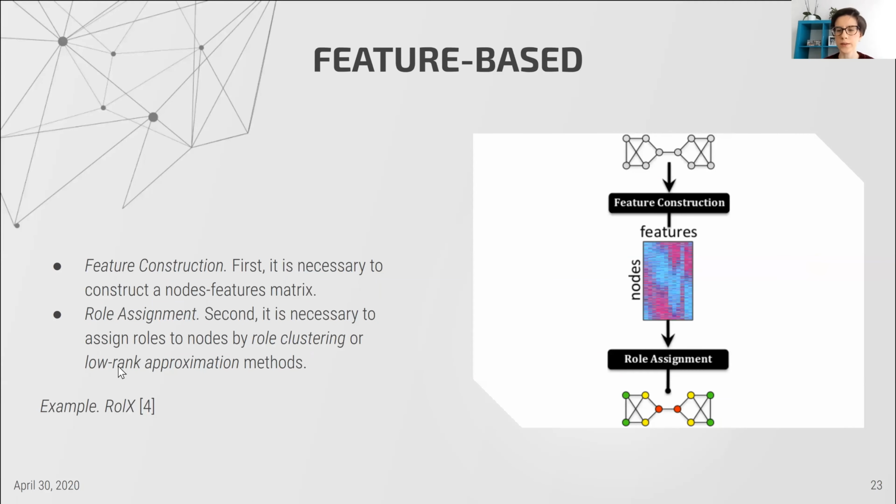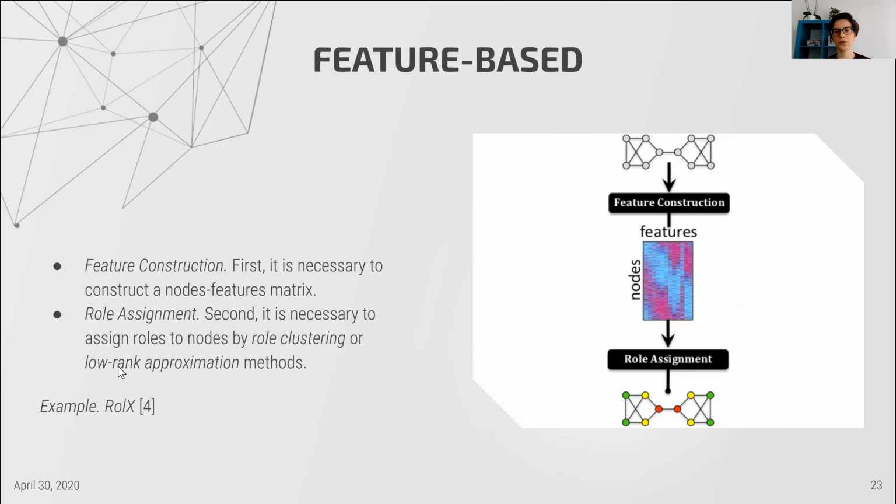The way they work is that they operate indirectly on the graph by transforming the graph into a matrix which represents it in terms of features, where each node is characterized by a value for a set of features that has to be selected.